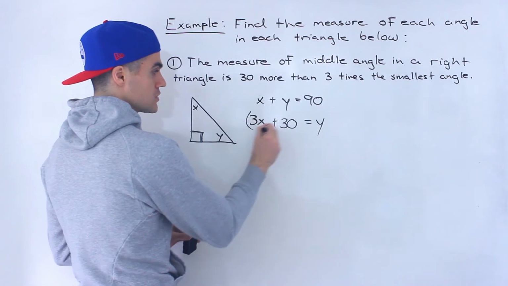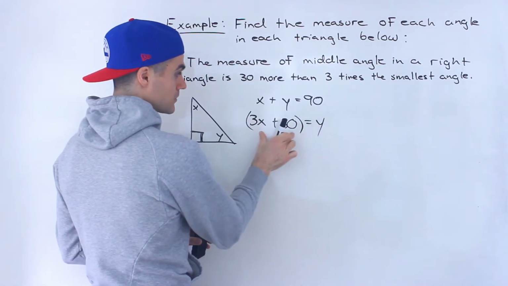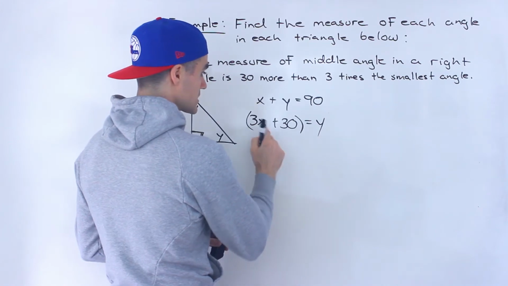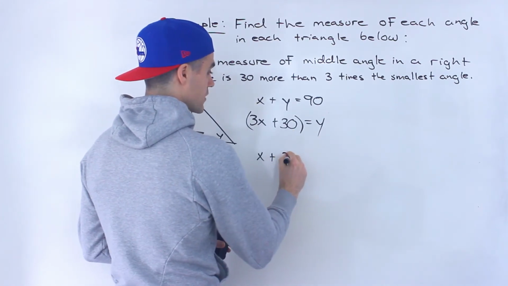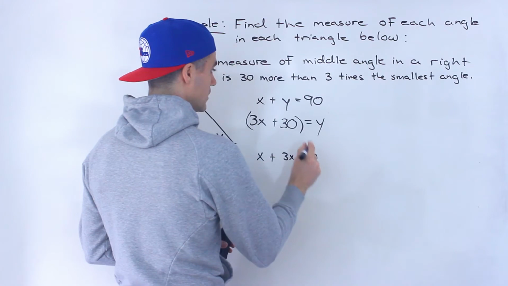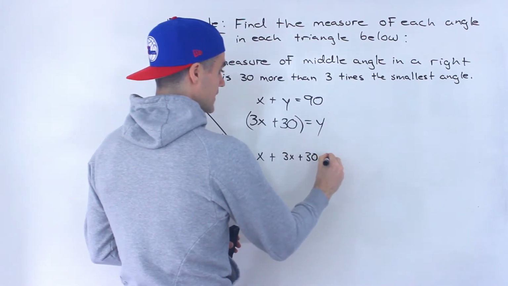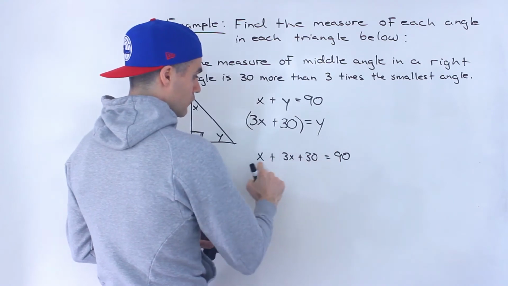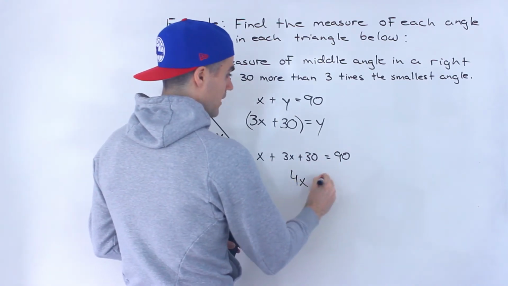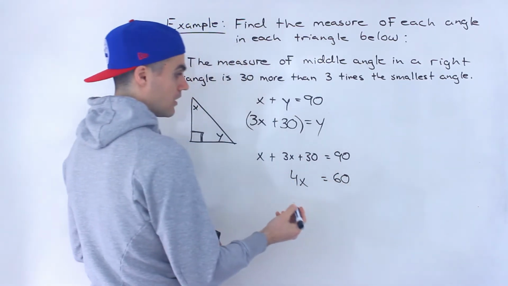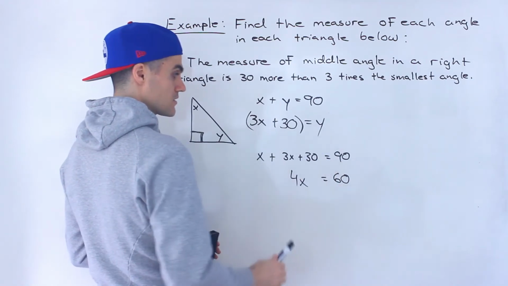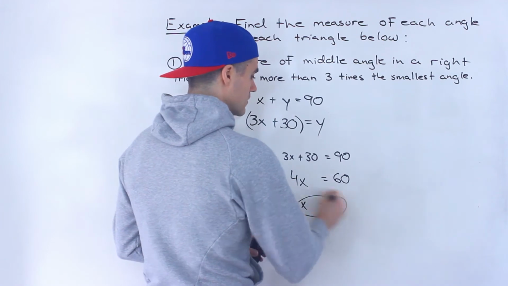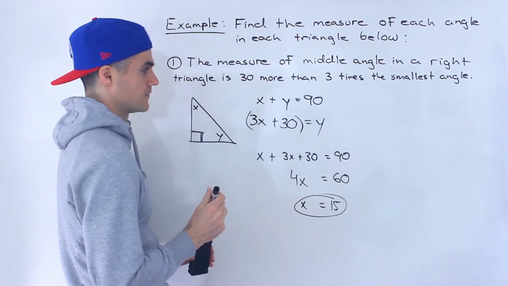We could solve for x or y using substitution or elimination. I'm going to use substitution because the y is already isolated here. So I'm going to plug this in for y. We'd have x plus 3x plus 30 equals 90. Bring the 30 over, x plus 3x gives us 4x, and on the right side we have 60, 90 minus 30. Divide both sides by 4, x would be 15.